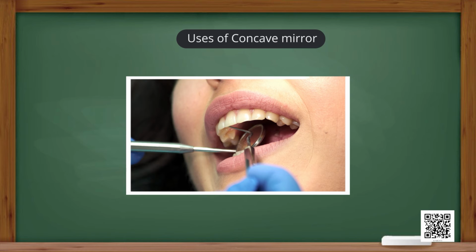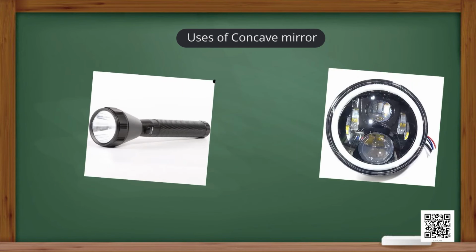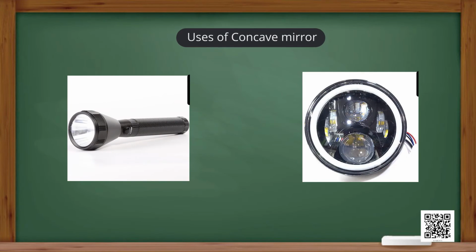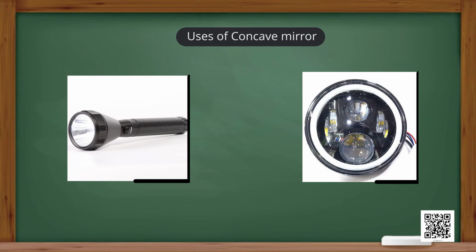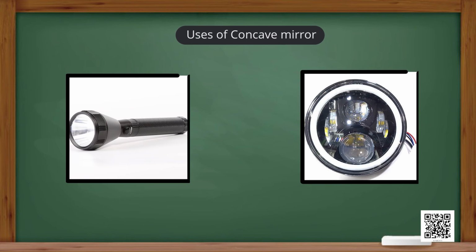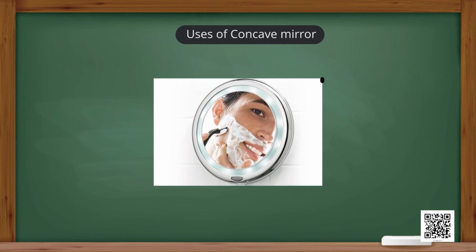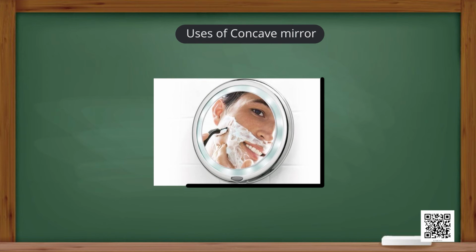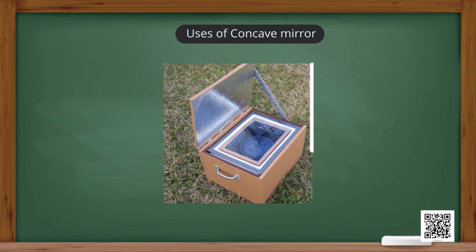Concave mirrors are also used as reflectors in torches, headlights of vehicles and searchlights to get a strong straight beam of light. Concave mirrors are also used as shaving mirrors to see a large image of the face. And large concave mirrors are used in solar cookers.